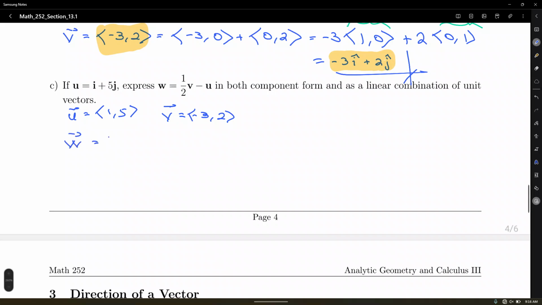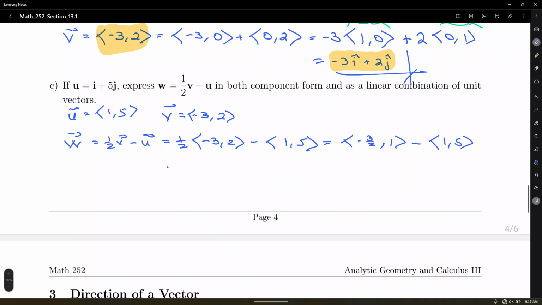That is 1/2 v minus u equals 1/2 of the v vector, -3, 2, minus u, which is 1, 5. This is simple arithmetic. Let's distribute the 1/2: -3/2, 2 times 1/2 equals 1, minus 1, 5.